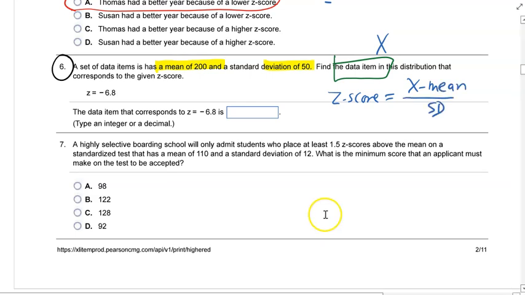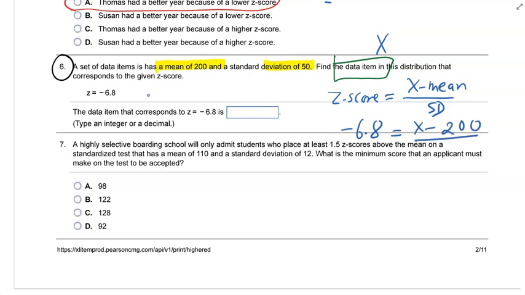Since we have a mean of 200, a standard deviation of 50, and a z-score of negative 6.8, I put in the formula: negative 6.8 equals x minus the mean 200, divided by the standard deviation 50. Now I have to find the value of x, which is the data item.